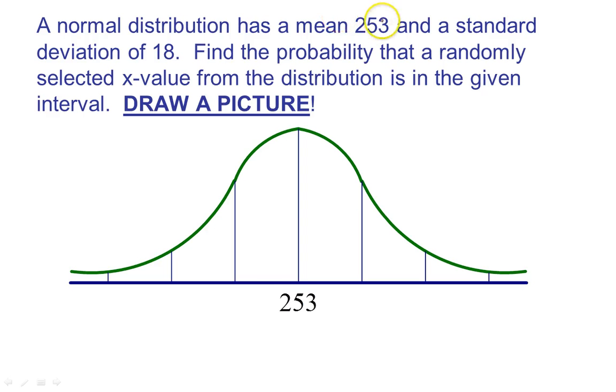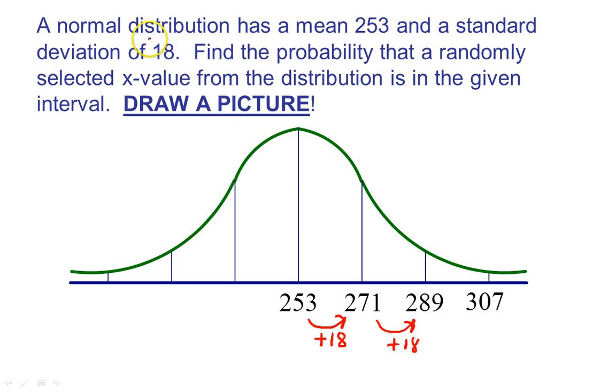The mean is 253, so it goes right in the middle. The standard deviation is 18, so I can add 18 to the mean and get the next number, and the next number, and the next number. That will give me 271, 289, and 307. Of course, I got that by adding 18 over and over again.